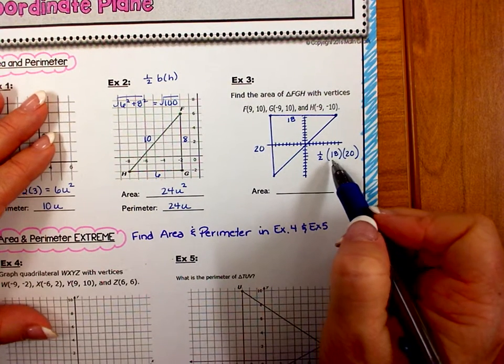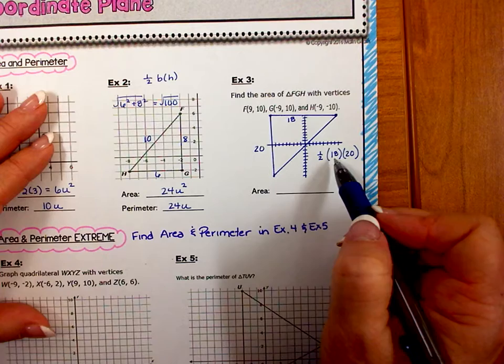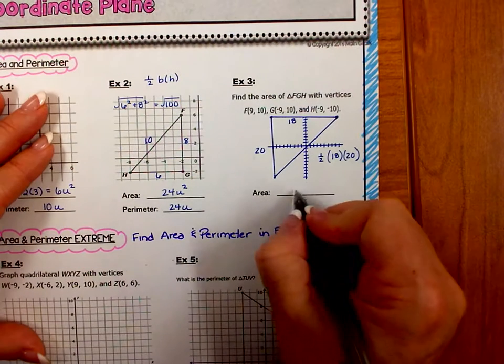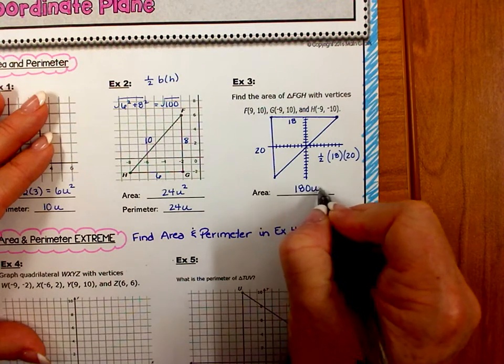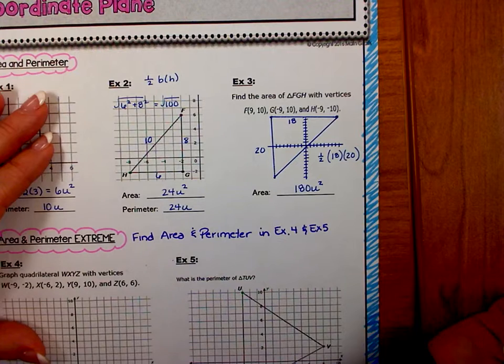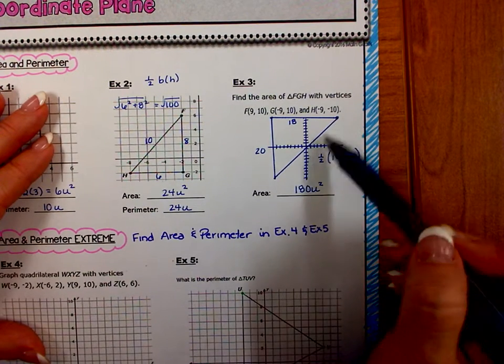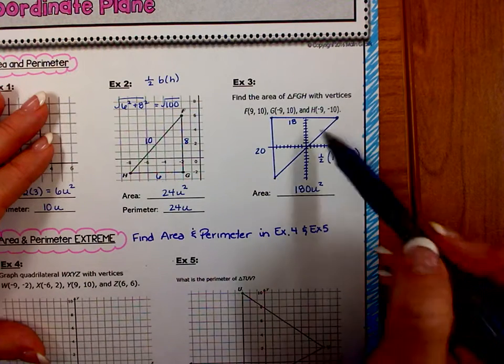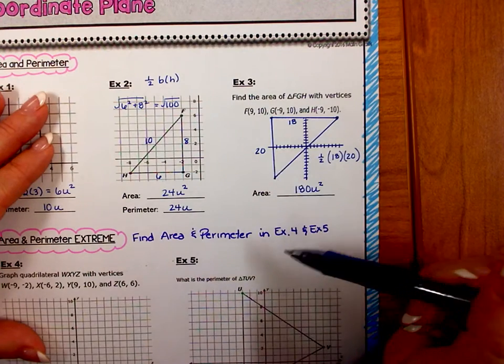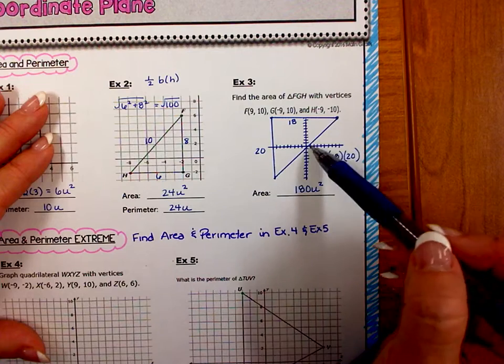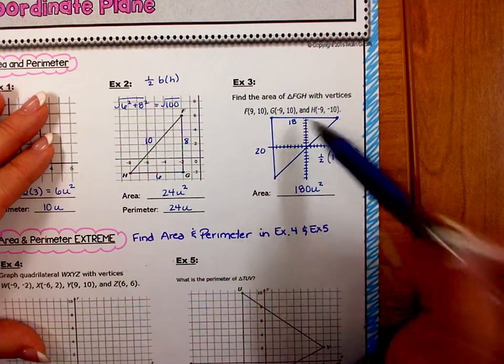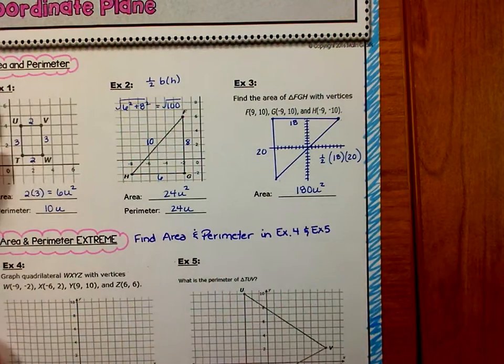Half of 18 is 9. And 9 times 20 is 180, so we are looking at 180 units squared. Now we could also find the perimeter if we wanted to. It's not asking for it, but we would do 20 squared plus 18 squared and take the square root, and then add it to 20 and 18, and that would give us the perimeter.